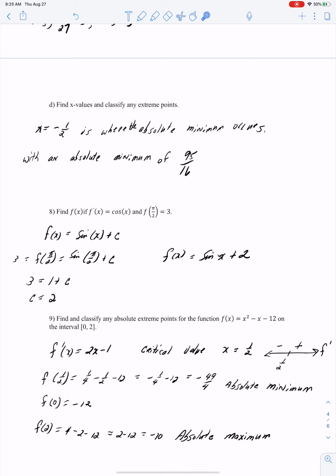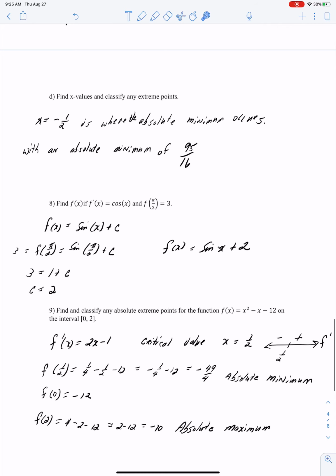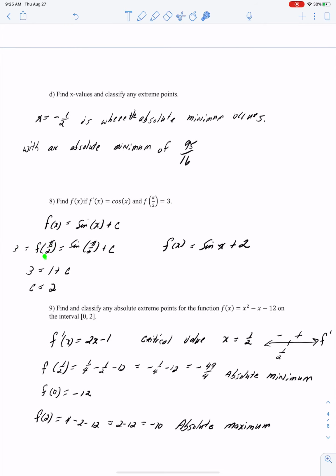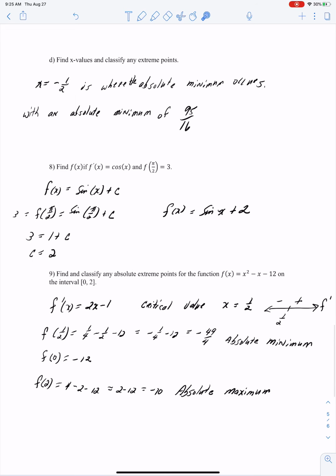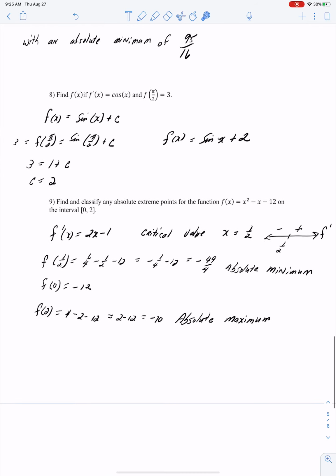I just integrated. If I know f of pi halves is 3, then 3 is equal to sine of pi halves plus c. But sine of pi halves is 1. That tells me c is 2. And that tells me that f is sine x plus 2.